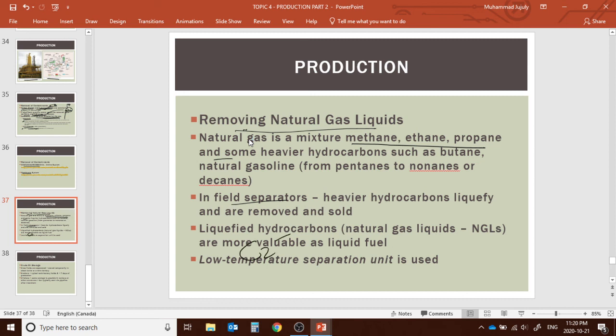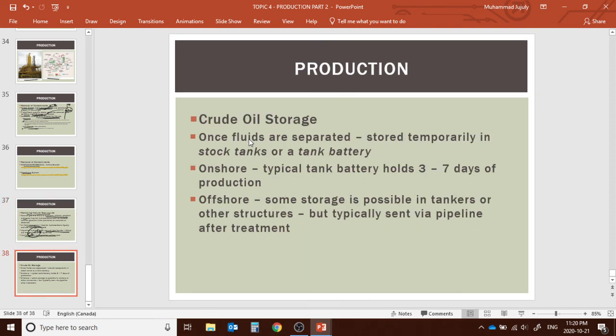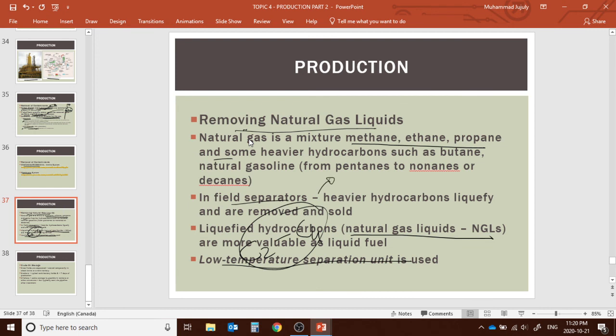From C2 to C4, that means ethane, propane and butane, we can easily liquefy, and it is known as NGL, or natural gas liquids, and the lowest temperature separation unit is used for that. Others like C1, or methane, we can transport through the pipeline, or we can convert it to LNG and sell it to the customer.